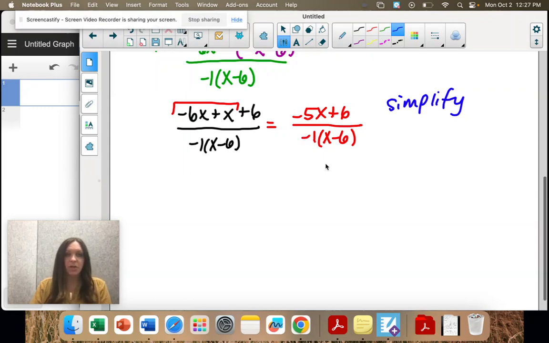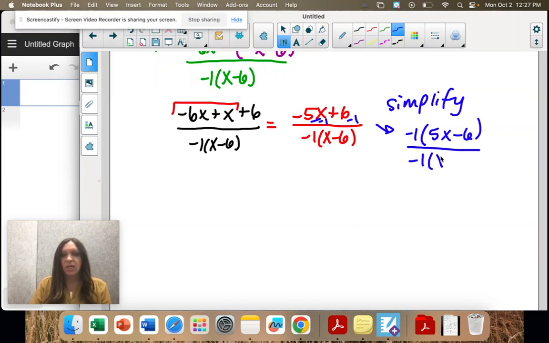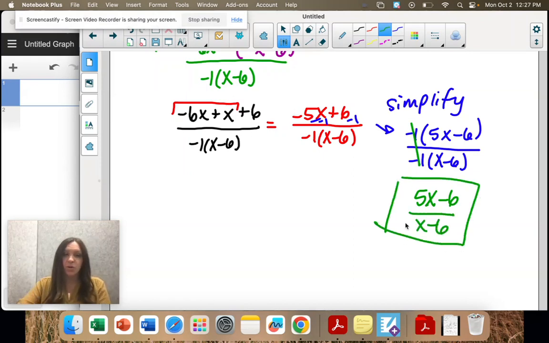I think it would mark it right like this, but the proper way would be to take out a negative 1 from both of these. So I would have negative 1, 5x minus 6, negative 1, x minus 6, and then the negative 1s would cancel and make all the leading numbers positive. That's the proper way to write it.